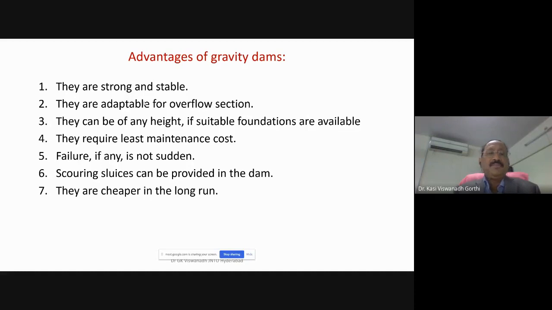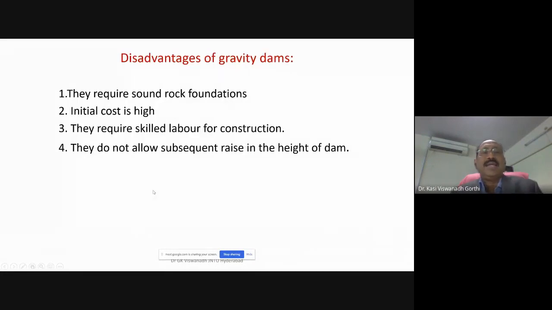The dam does not fail suddenly, so sufficient warning will be given. You can take up the repair works and extend the life of the dam also. The sluices will be provided in the body of the dam itself, so that a certain portion of the silt can be scoured through these sluices. They are cheaper and they will be useful for a long time.